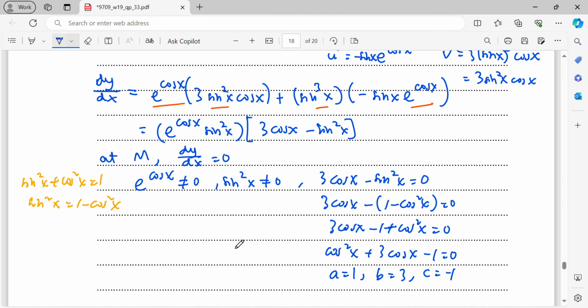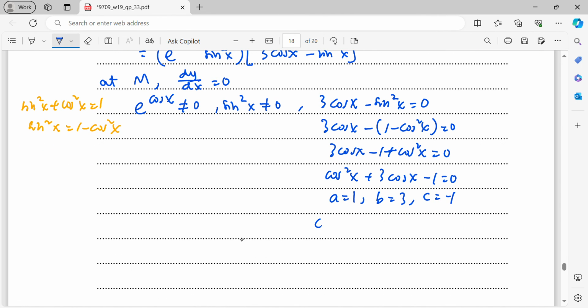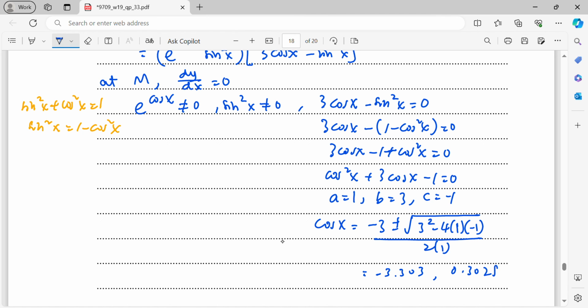Use the quadratic formula, cos x equals minus b plus or minus the square root of b squared minus 4ac, over 2a. Then here you will be getting negative 3.303 and 0.3028.